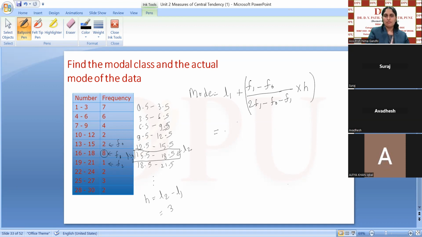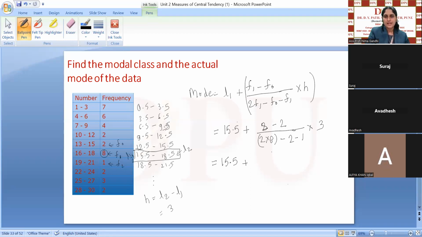So simply, 15.5 plus. What is your F1? F1 is 8. F0 is 2. 2 times F1 means 2 into 8, minus F0 which is 2, minus F2 which is 1, into H which is 3. Now do the calculations and tell me the answer.